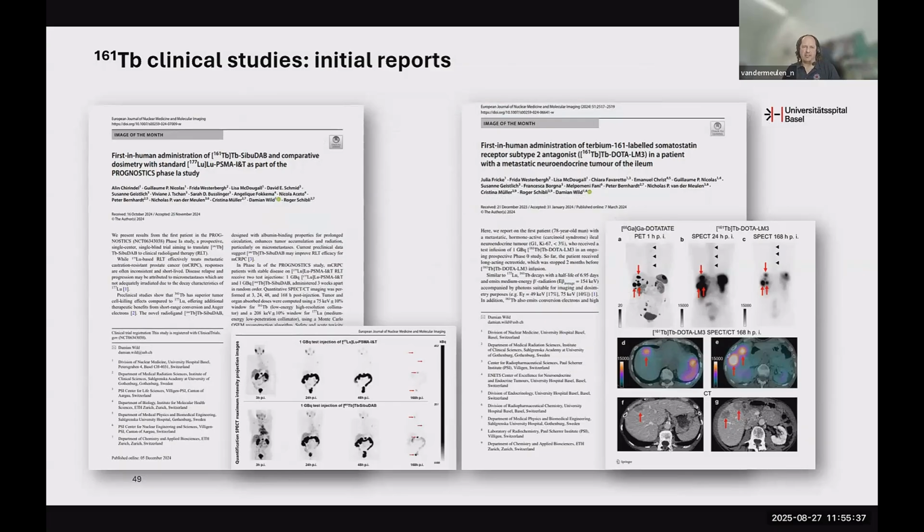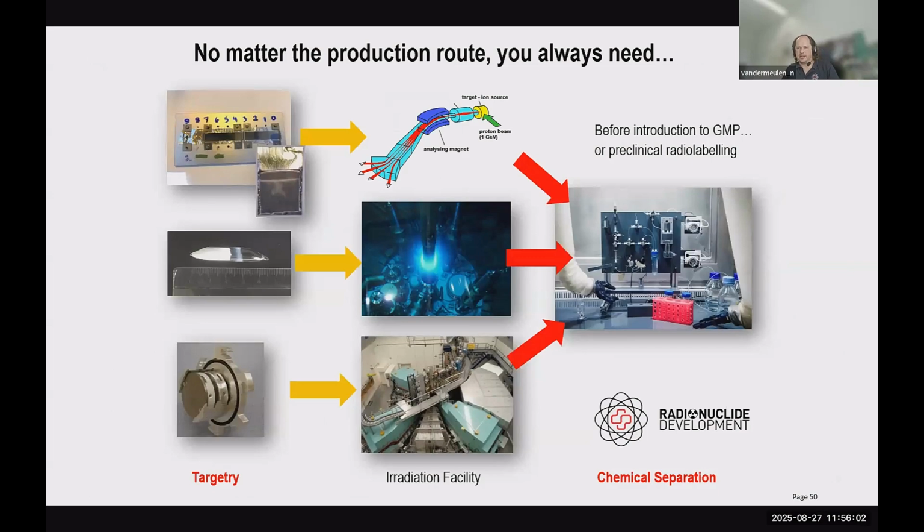Two of them have been underway here in Switzerland that we've been involved in, and initial results have been published. There's also been an excellent initial result in Australia, the VIOLET study, which has used much higher activities of terbium PSMA, and the results look particularly promising. So this is now showing how we can perform this in a clinical environment.